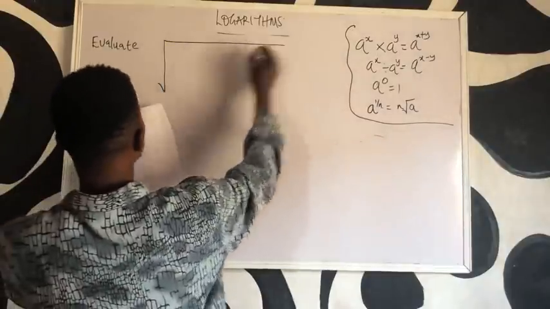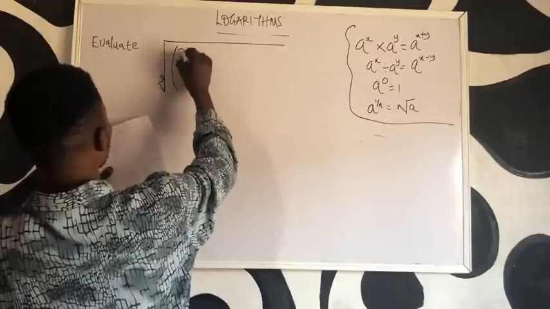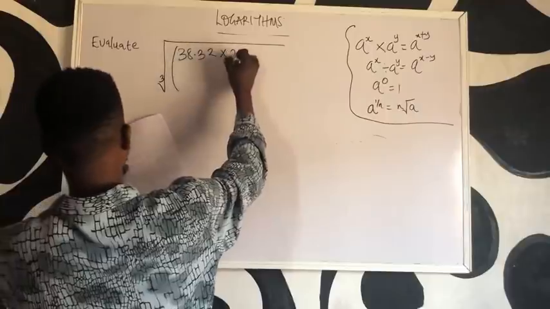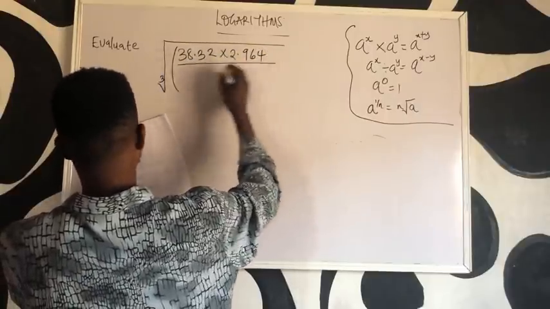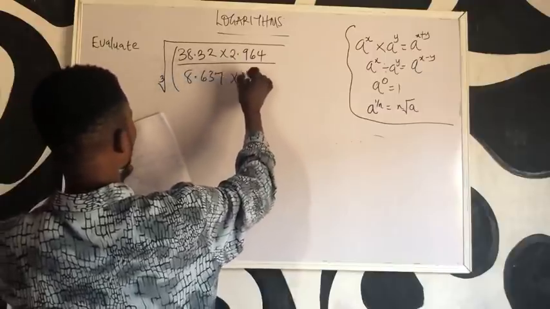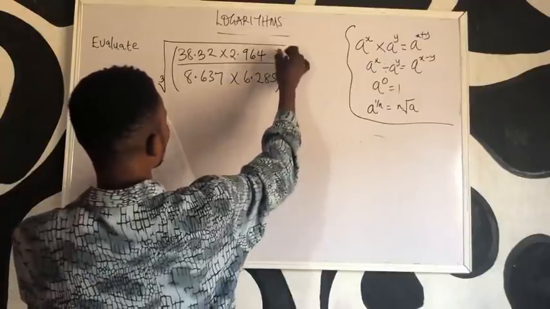The cube root of the bracket 39.32 times 2.964 all over 8.637 times 6.285, all to the power 2.